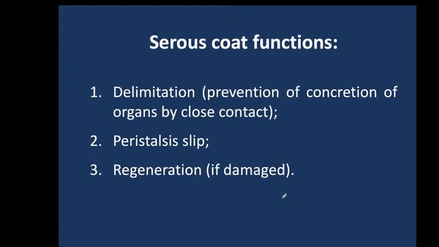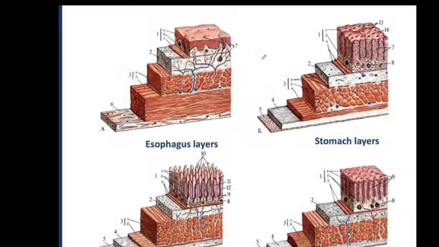Sometimes it is wounds, damages with a sharp object or with a bullet, and after that, during regeneration, serous coat helps to produce new cells and new tissue, and sometimes in this damaged area we could find a special new anatomical structure like ligaments. We call them spiky or connection in Russian.